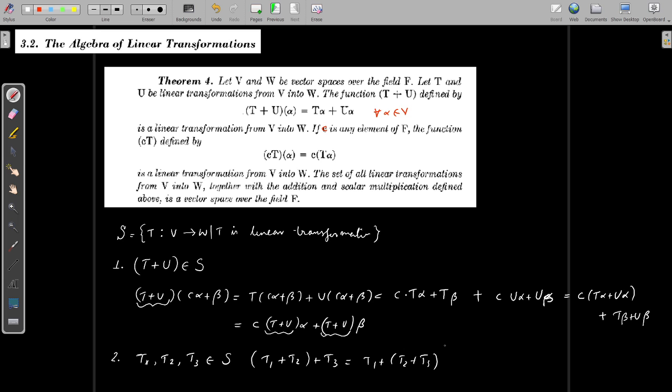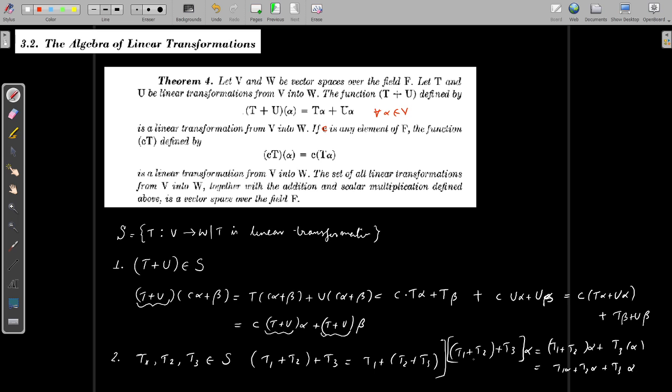So to prove this, we consider (T1 plus T2) plus T3 of alpha. By definition, this is the same as (T1 plus T2) of alpha plus T3 of alpha. Again, by definition, you can write this as T1 alpha plus T2 alpha plus T3 alpha.